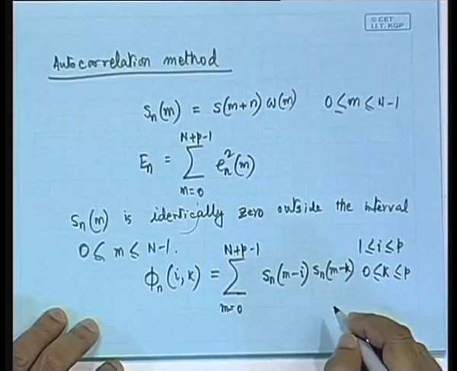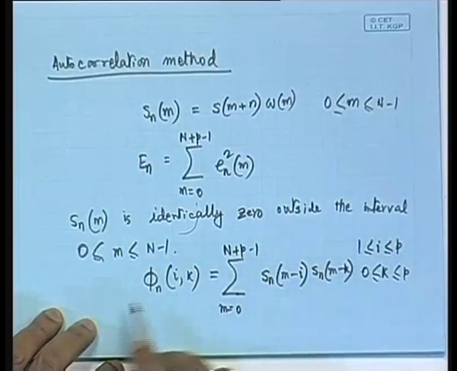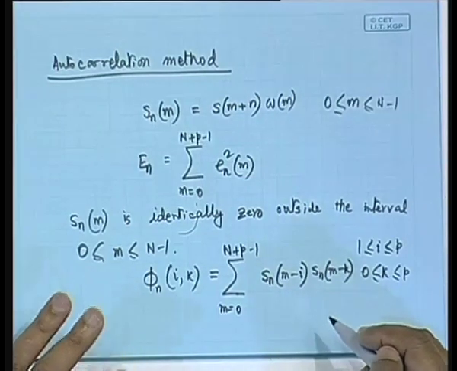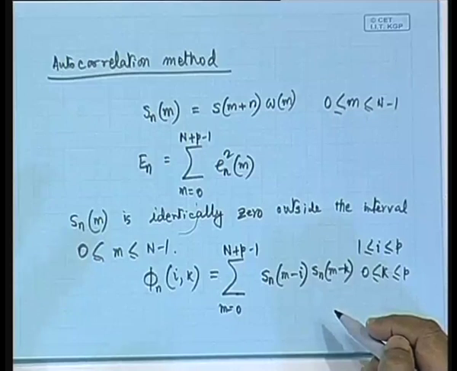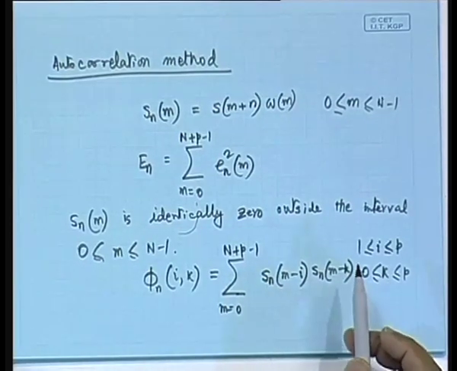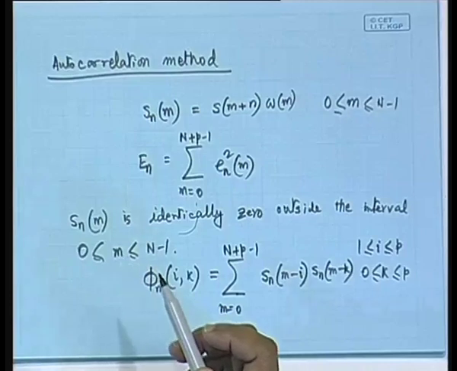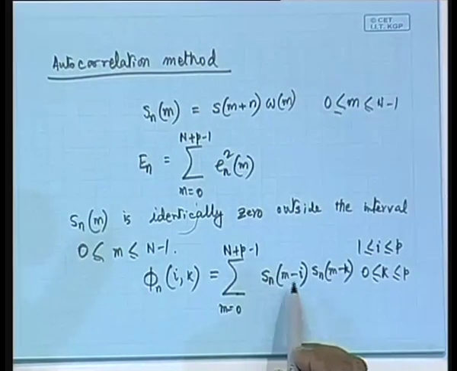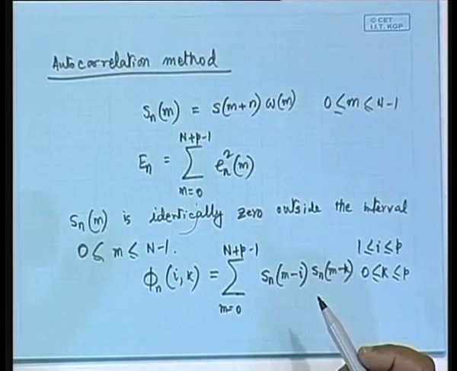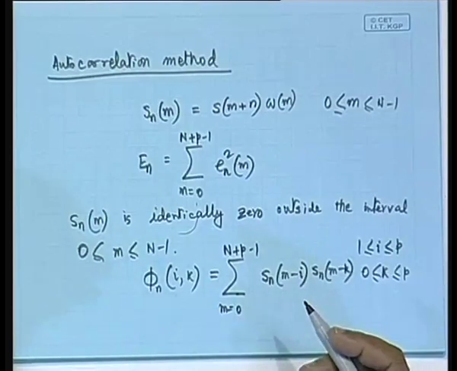So this is the equation, and now this phi_n(i,k) expression, from the definition, can be rewritten in a slightly different form, in the sense that we have S_n[m minus i] and S_n[m minus k]. Let us write it with a change of variable, so that we write it with S_n[m] multiplied by something. So we now have to make just a substitution like this.